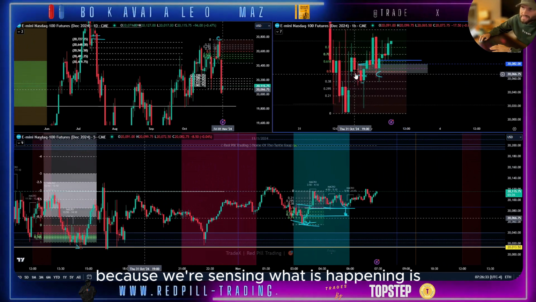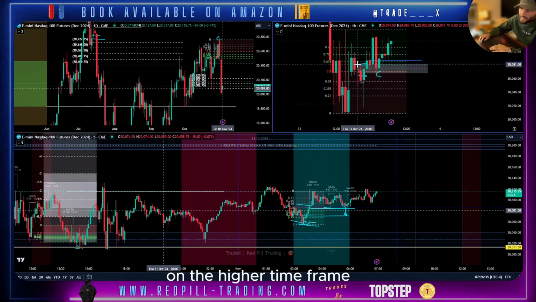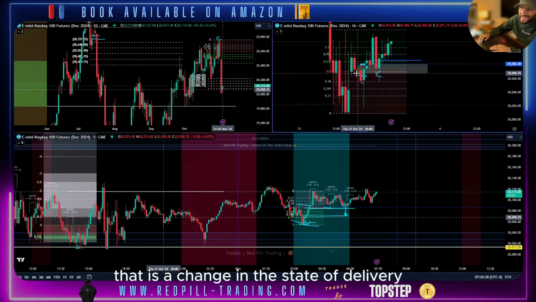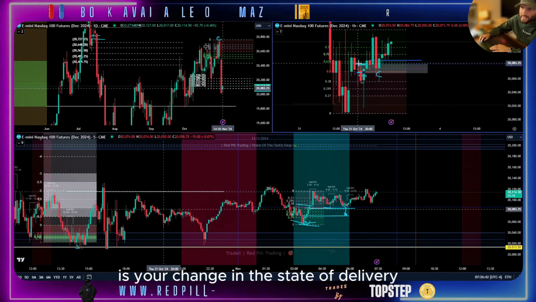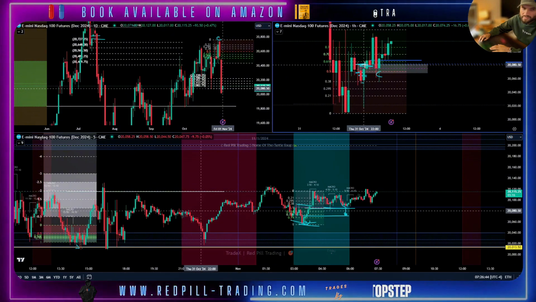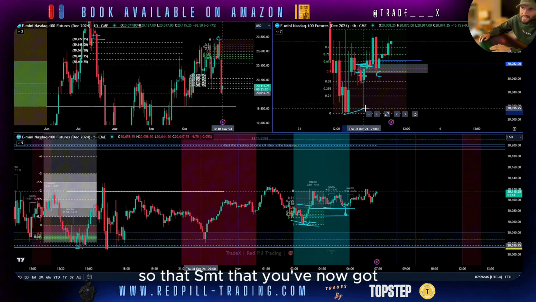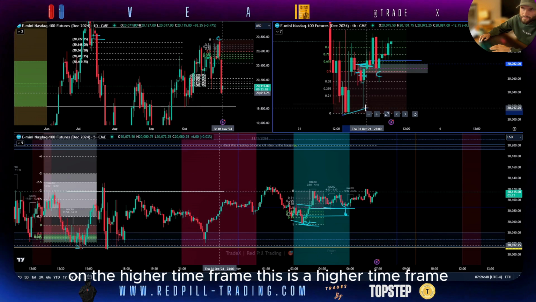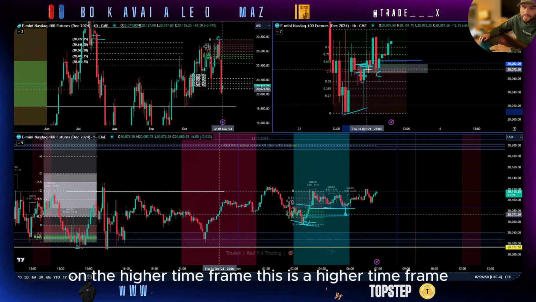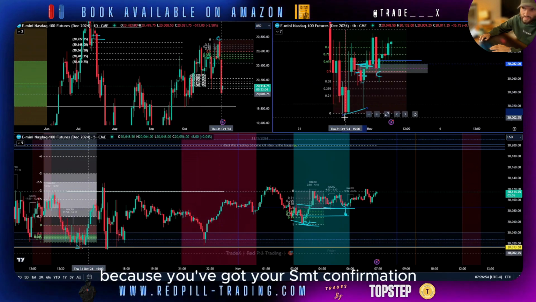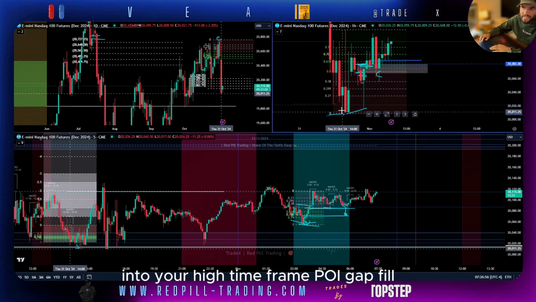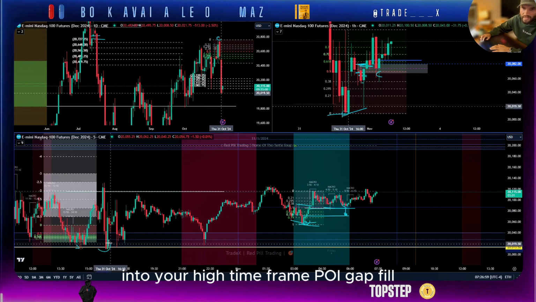Because essentially what is happening is on the higher time frame, that is a change in the state of delivery. That right there is your change in the state of delivery. So that SMT that you've now got on the higher time frame is a high probability change in the state of delivery, because you've got your SMT confirmation into your higher time frame POI gap fill.